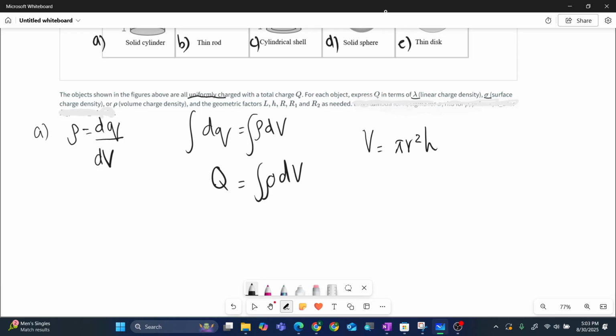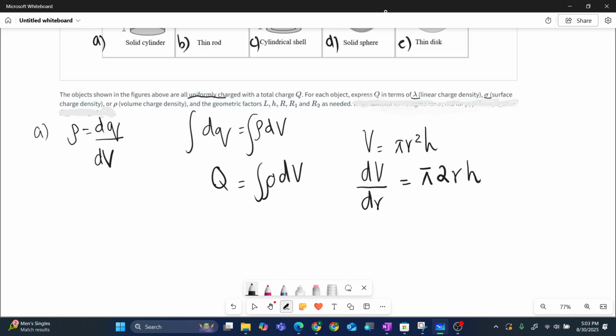And my integration, since I have dV here, I'm going to show you a little thing. If I differentiate this, I have dV over dr, and I'm going to get 2 pi r h.